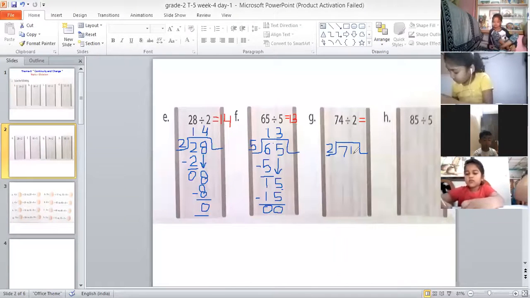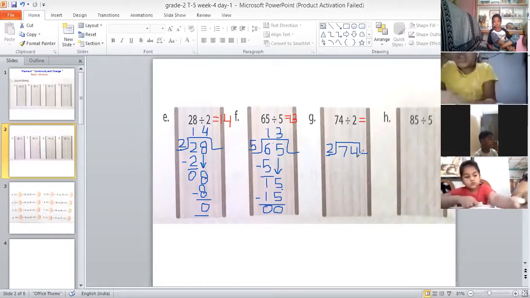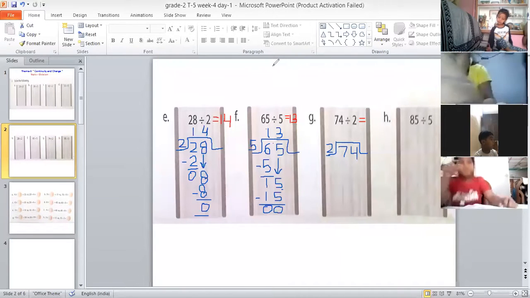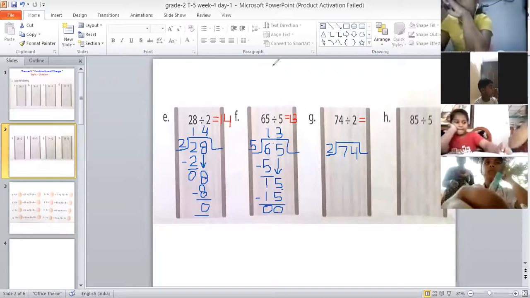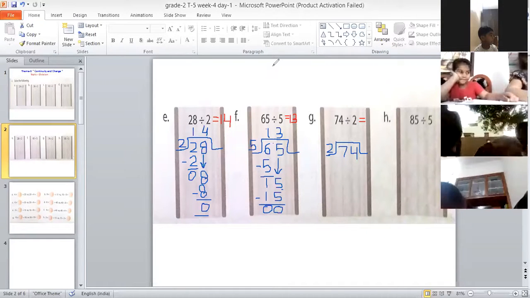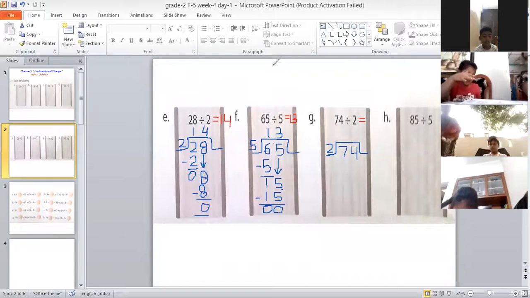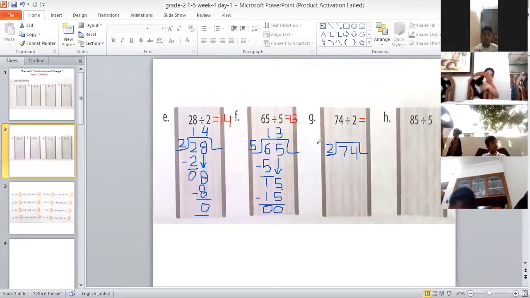Okay, Shrivas, you tell me, we will take this 7 and 4 together or we will take only 7? We have to compare here 7 and 2.